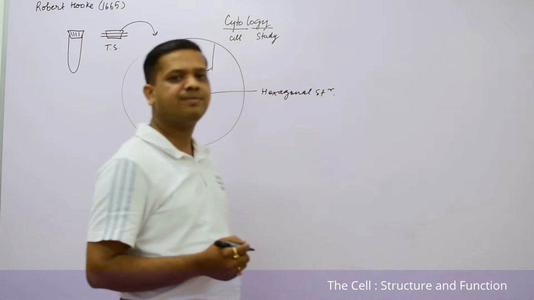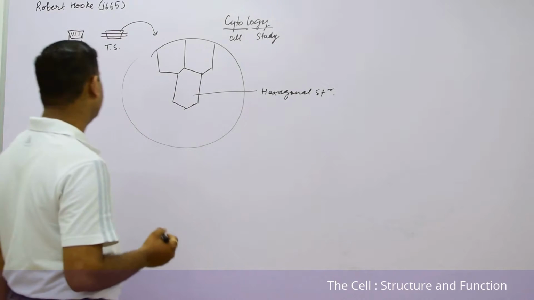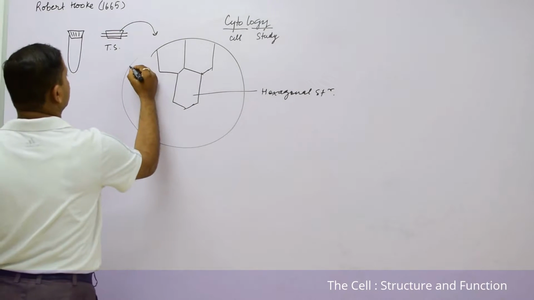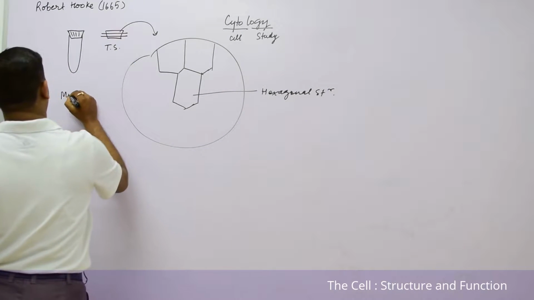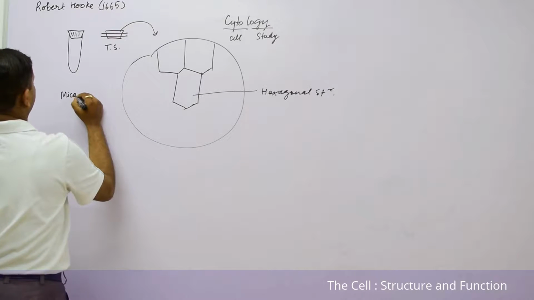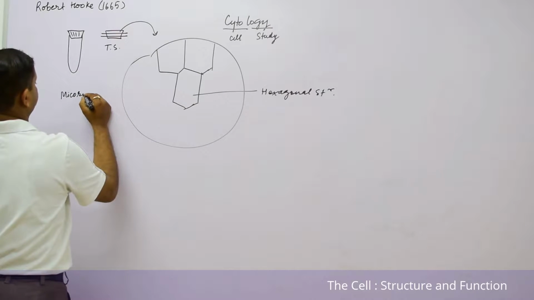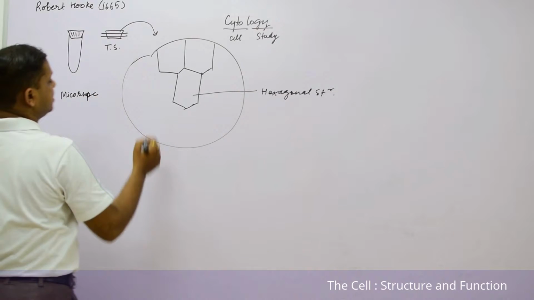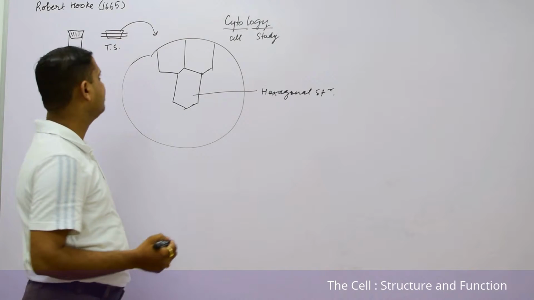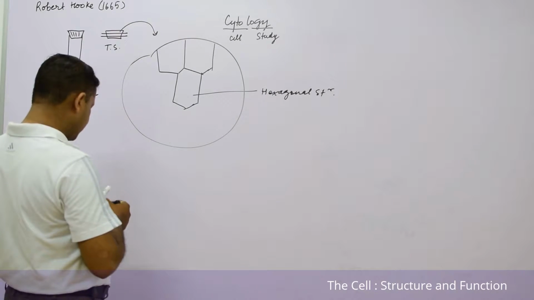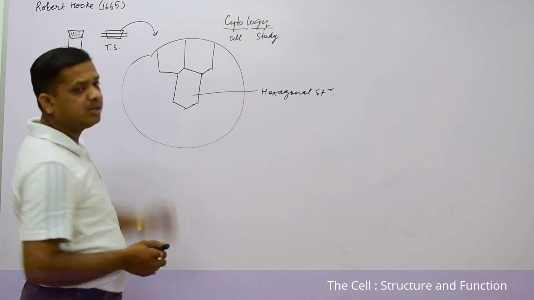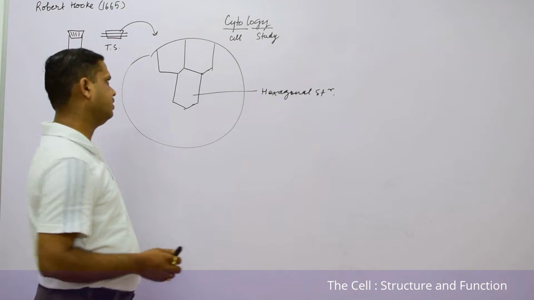He is known as the father of microorganisms. He developed his own microscope, and by that microscope he observed cells under higher resolution, right? And we will also understand that Robert Hooke is known as the father of cytology.